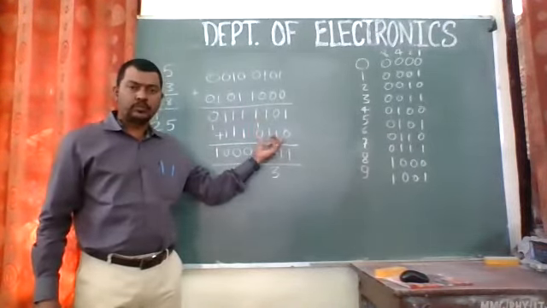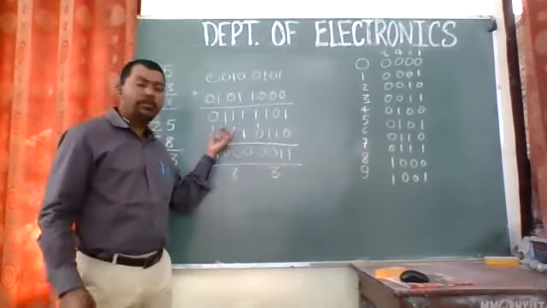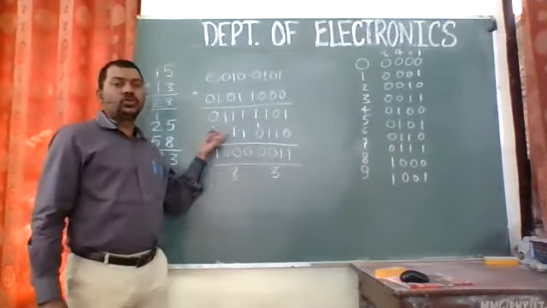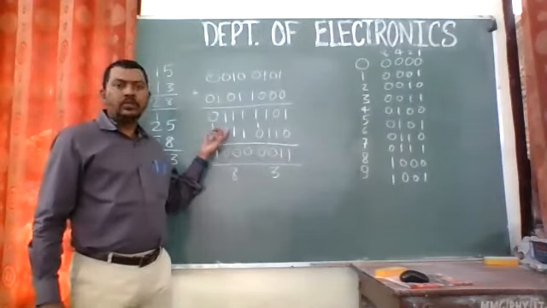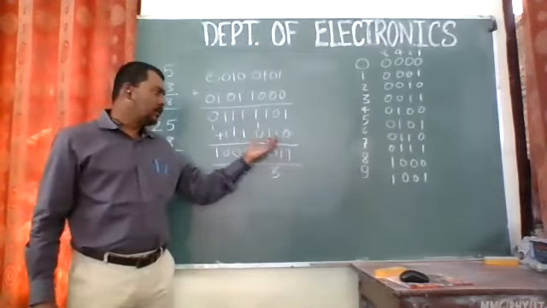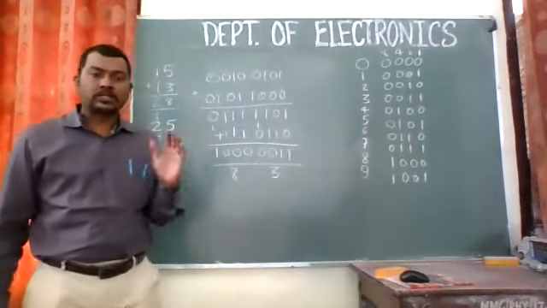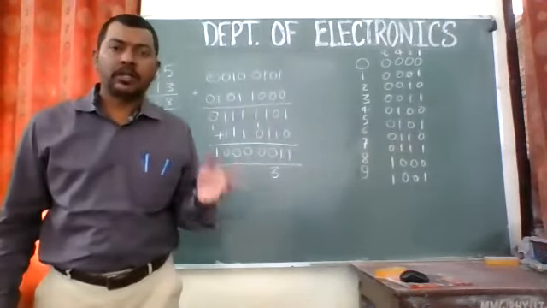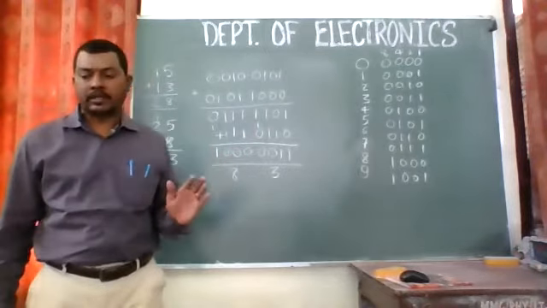If this other number also exceeds 9, then we have to add 06 over here also, right? So we add 06 in that particular bit, and we have got the number.